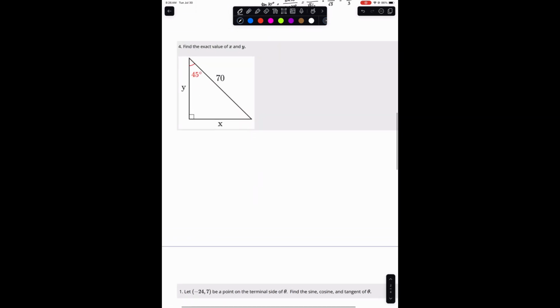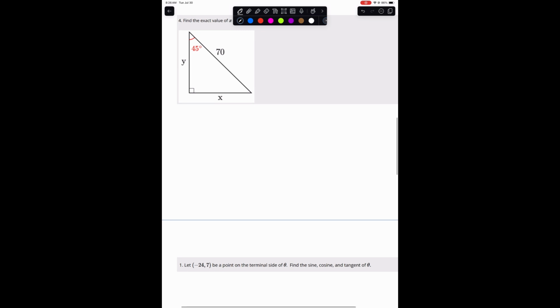Now question 4 asks us to find the exact value of x and y. Now there's a trick. One trick is that we have a special right triangle. A 45-degree angle like this means the other angle is also 45 degrees.